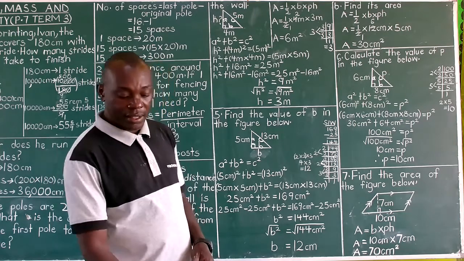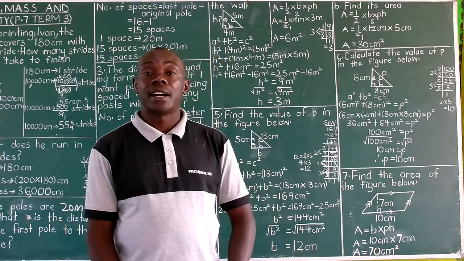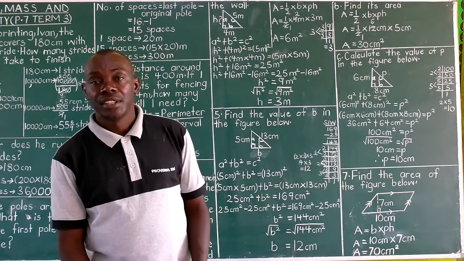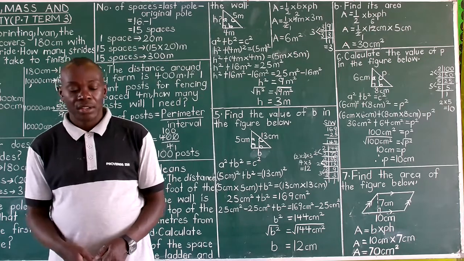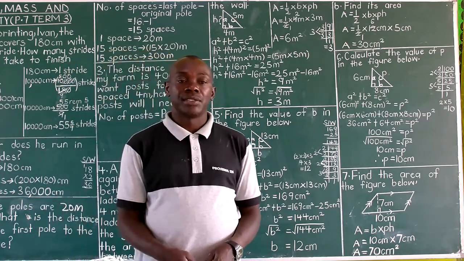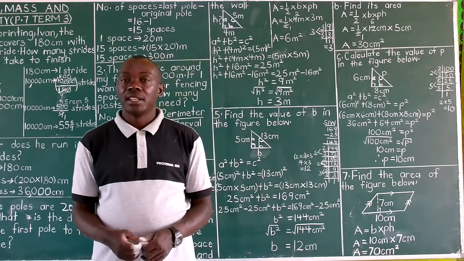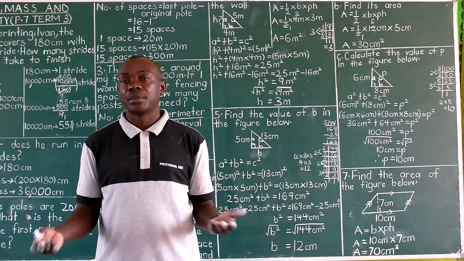So we then get that ability to answer all the activities for the 8 pages. That's 1 up to page 8 of our term 3 workbook. Ensure you answer accordingly.